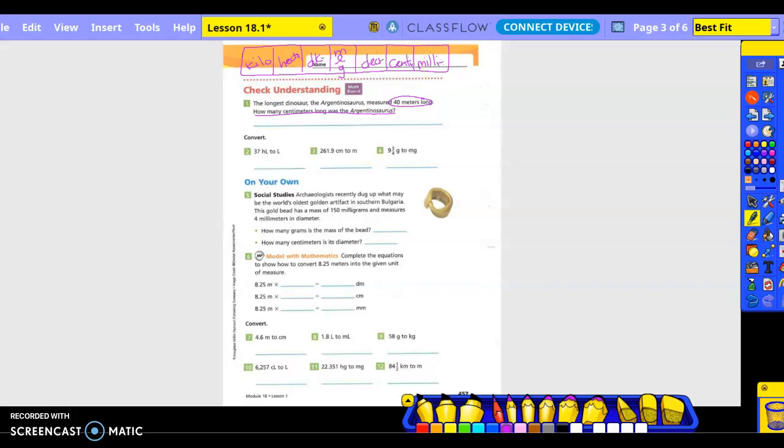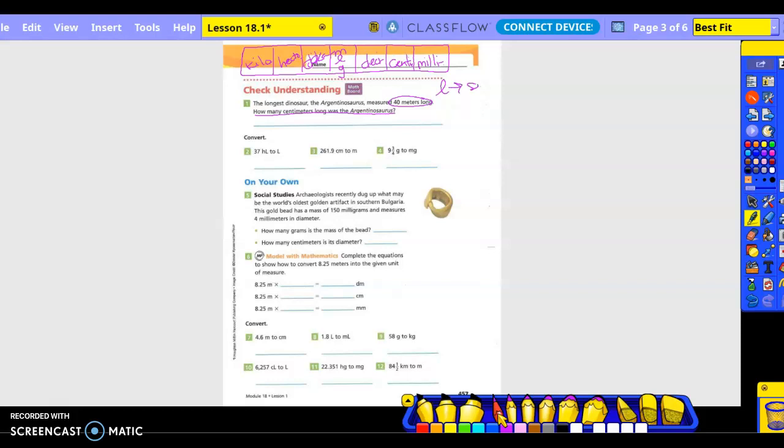Technically deca is written like this, just to help you guys. Alright, so how far are they apart? So we're going larger to smaller or smaller to larger? Larger to smaller.